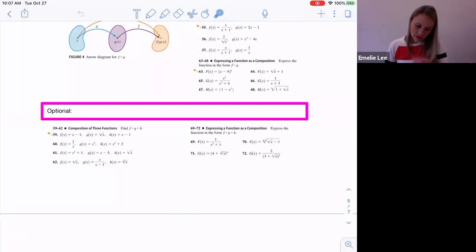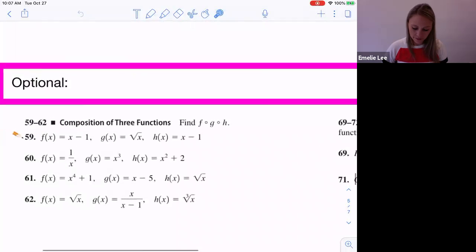So here, down in the optional section, I'm saying it's optional because I'm not going to test you on something like this. It's way too long, but it is really good practice, right? If you have to do a composition, we can make a composition of, what are those dolls, those Russian dolls that go inside each other? I guess maybe they're called Russian dolls.